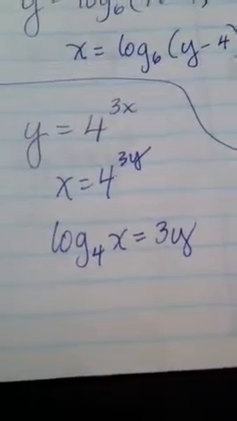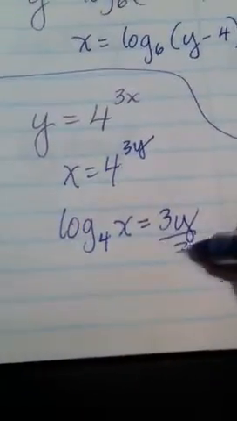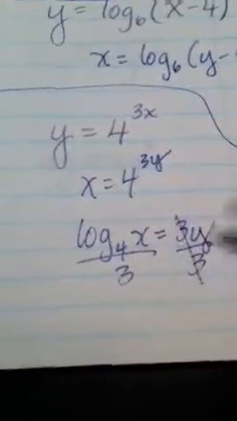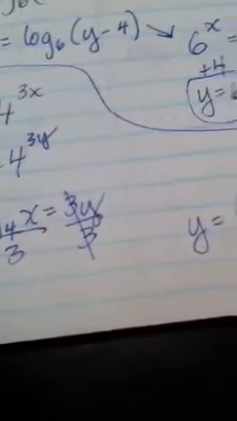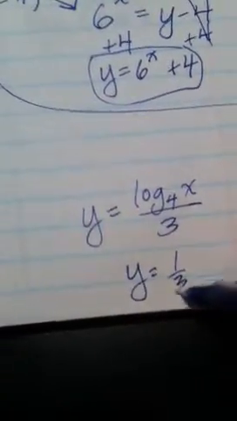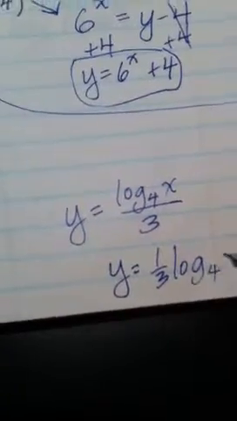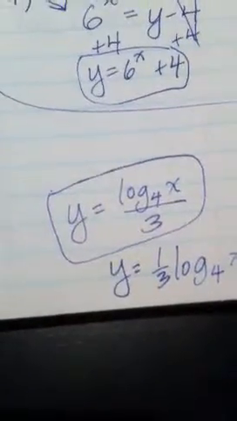I still have not solved for y, so it's a coefficient right now. I'm going to divide by 3, and I'm just going to leave mine like that. If you want to get real fancy, you could make this 1/3, because dividing by 3 is the same, so you could say that. I'm fine with that as your answer. Okie doke.